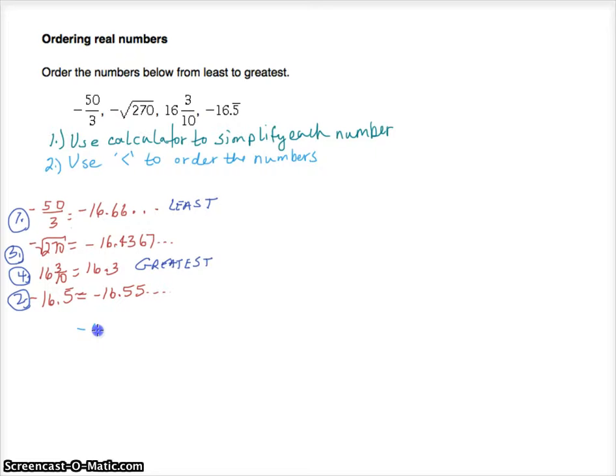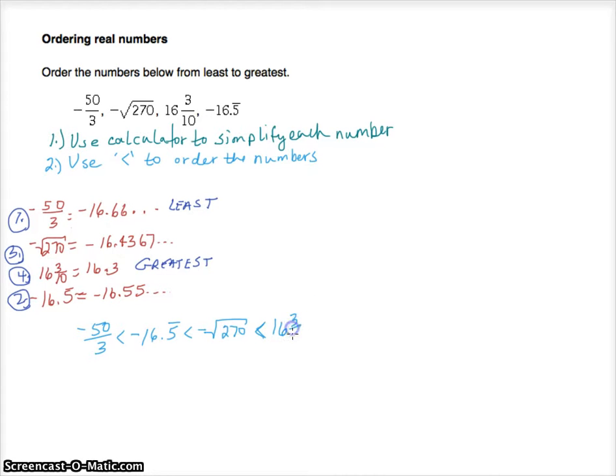So we'll say negative 50 over 3 is less than our second smallest number, which is negative 16.5 repeating, which is less than our next smallest, which is the negative square root of 270. And then that is going to be smaller than our last, greatest number, which is 16 and 3/10.